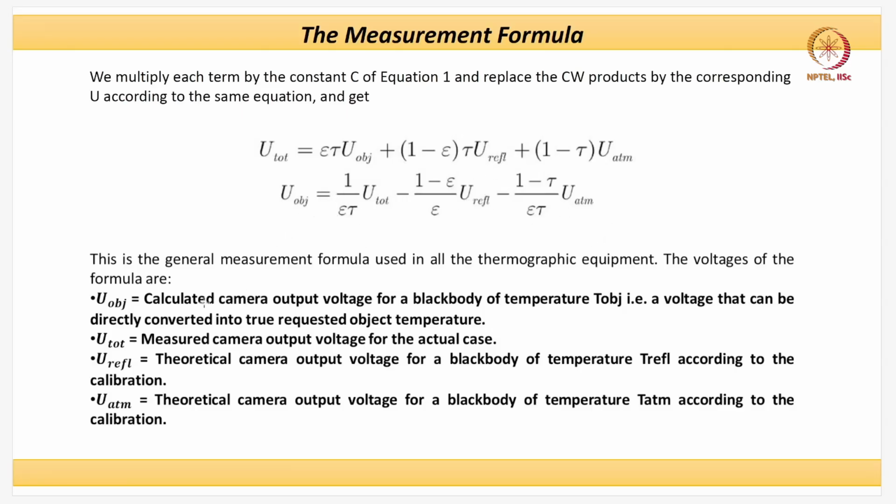And also, what the black body temperature is going to be. Once you know all these parameters, these are all pre-calibrated. This is something from your actual measurement. This epsilon is something that you are entering. Tau is already pre-existent. So when you do all these things, you know your U object. The moment you know your U object, from the calibration curve, you know your T object.